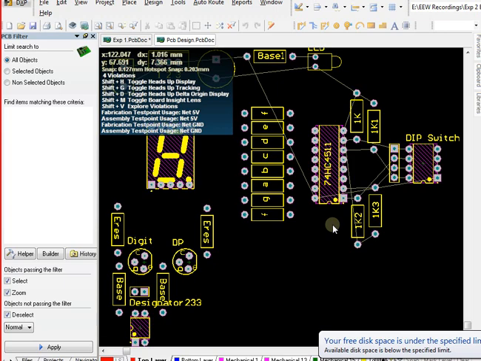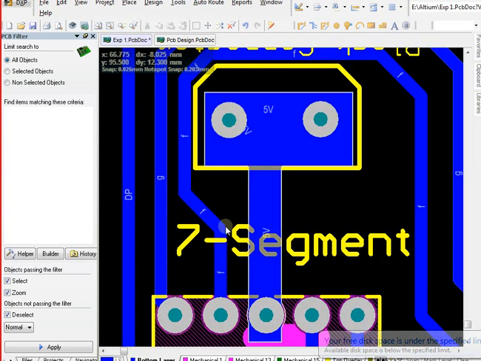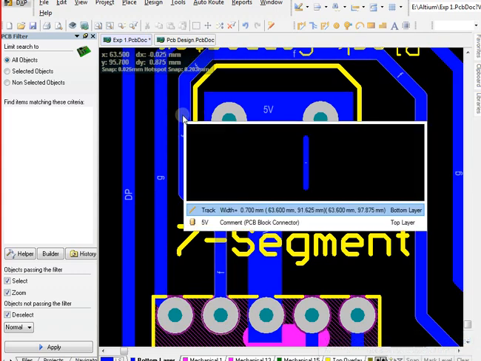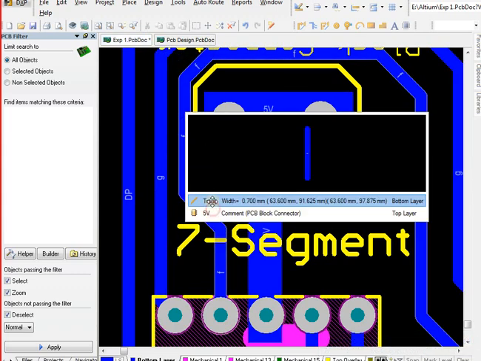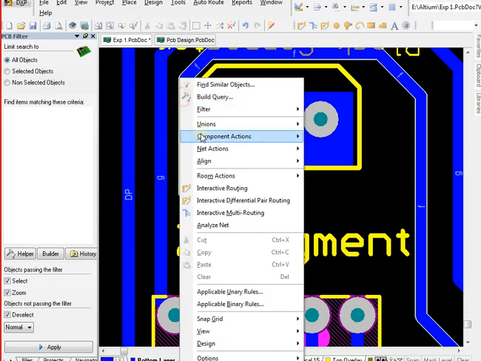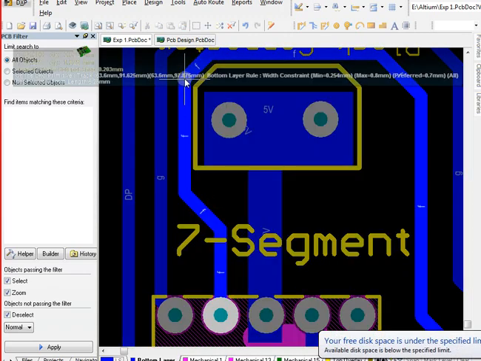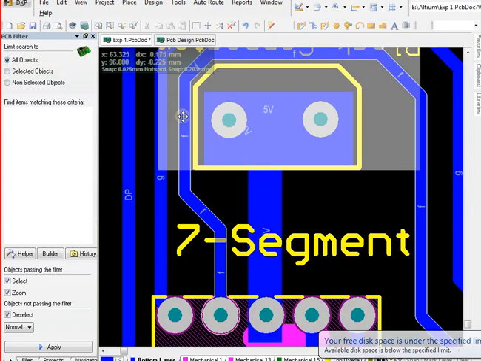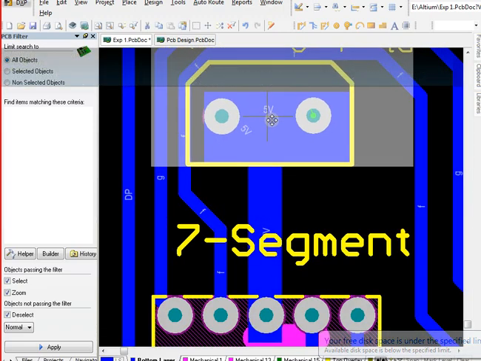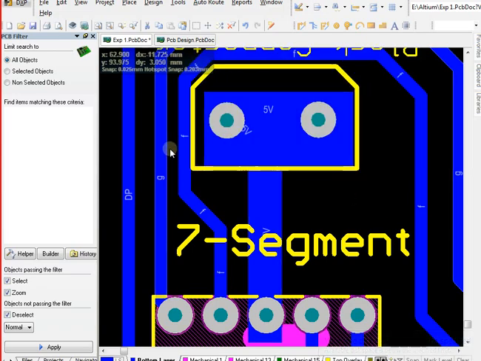Just 2-3 things very importantly. 2 tracks should not be very close to each other, just like this one. If this track was very close to this one, let me just select actually. So okay, this is not moving.